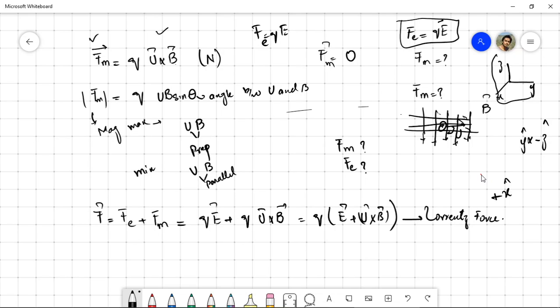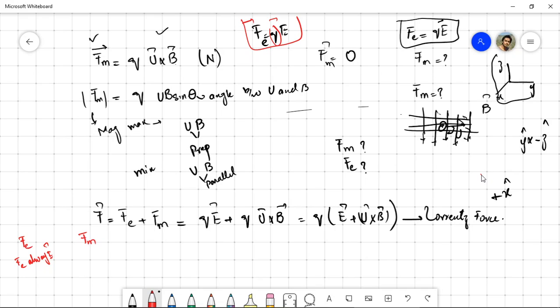Now, what are the differences between Fe and Fm, these two forces? We know that Fe is always in the direction of the electric field, because Fe is equal to QE. Q is a scalar quantity here, so whatever the direction of the electric field is, the direction of the force acting on that charge will always be the same.